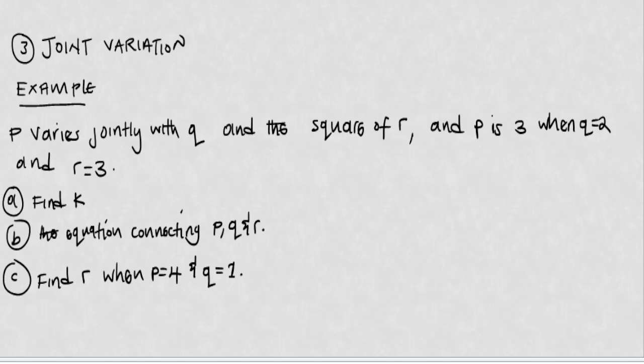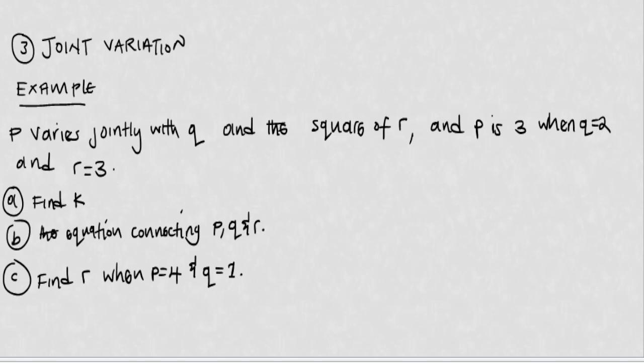In direct and inverse variation, we could only deal with either x and y or a and b, but in joint variation we're going to deal with more than two variables.